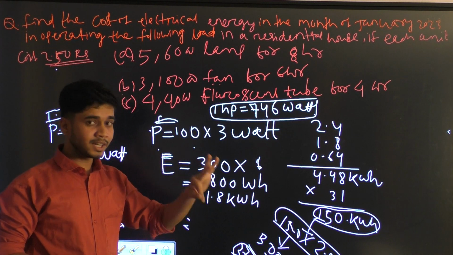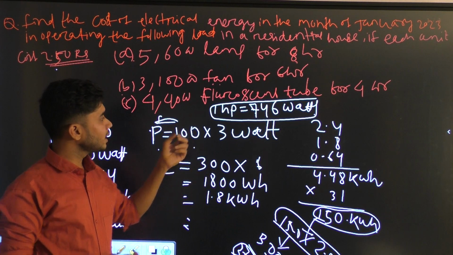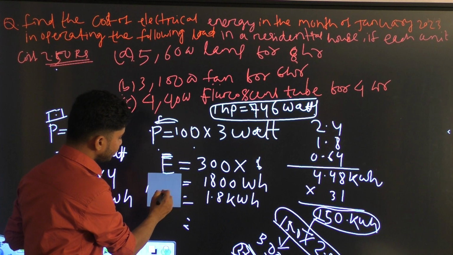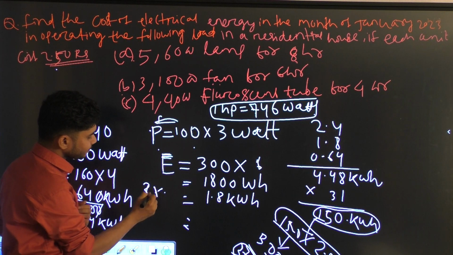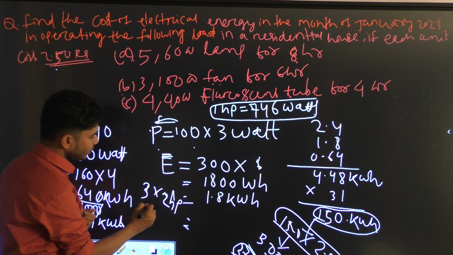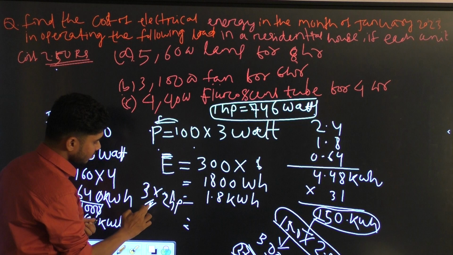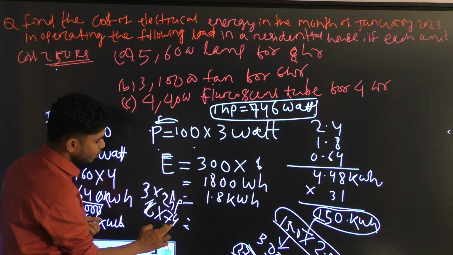If in the question there are 3 motors and each motor is a 2 HP motor, okay, so total is 6 HP and 1 HP is basically 746.